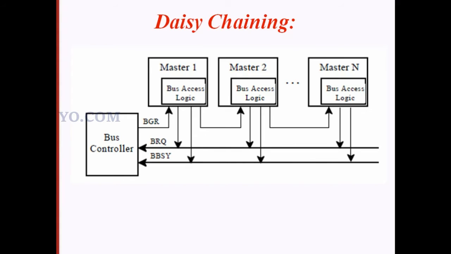Here we have n number of masters. Each master has its own processor, memory, clock, and bus access logic. All the masters are connected with the bus controller by using the bus busy signal and bus request signal. But the bus grant signal is not connected to all the masters in common.